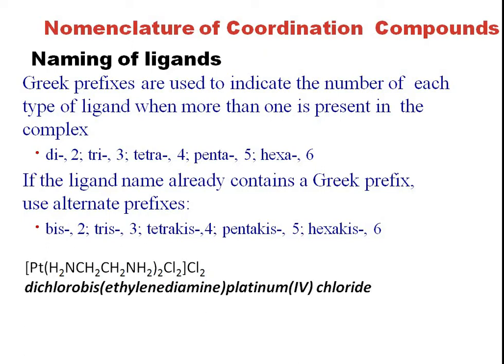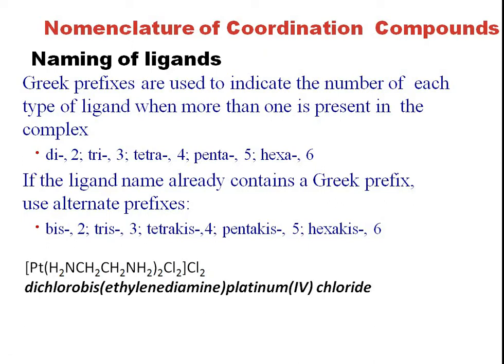We will not use the prefix di for ethylene diamine, because di is already used in its name. We will use an alternate prefix. This is ethylene diamine, platinum, fluoride. In this way we have studied.